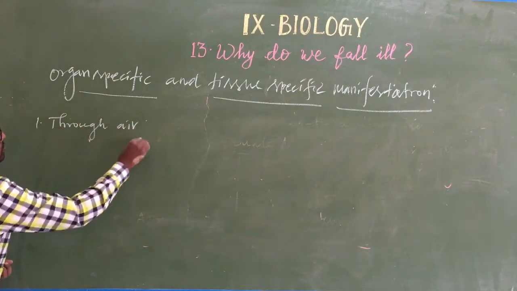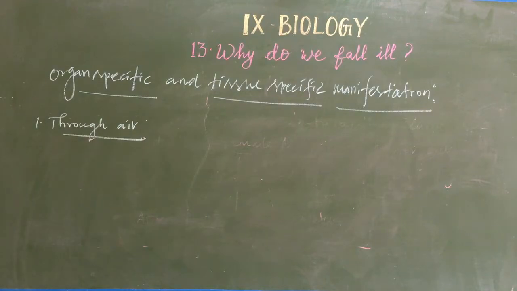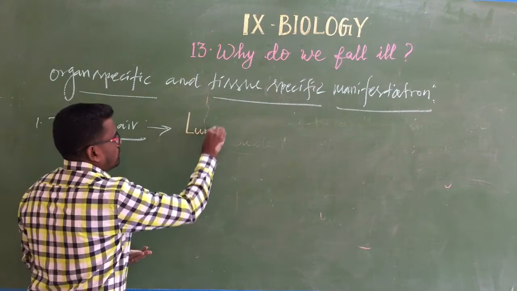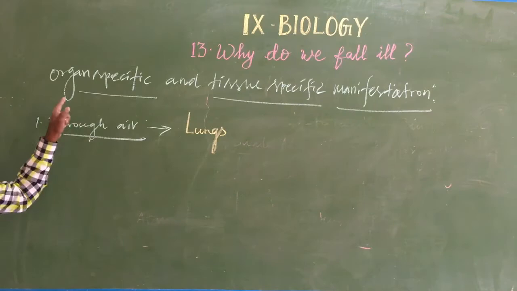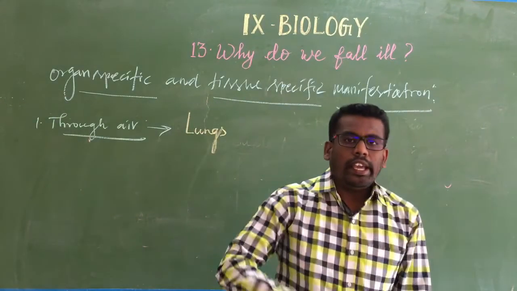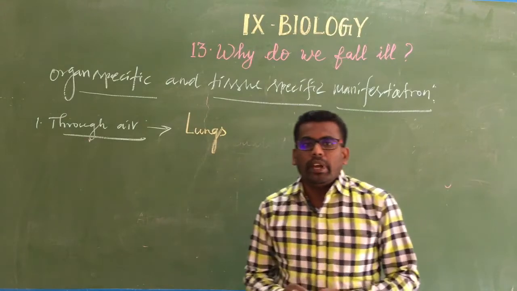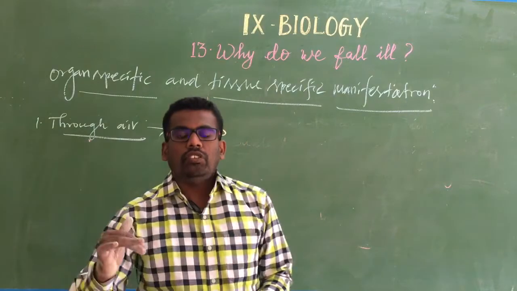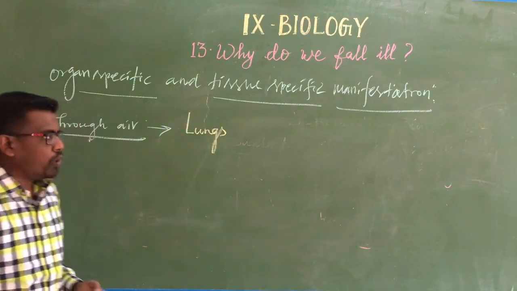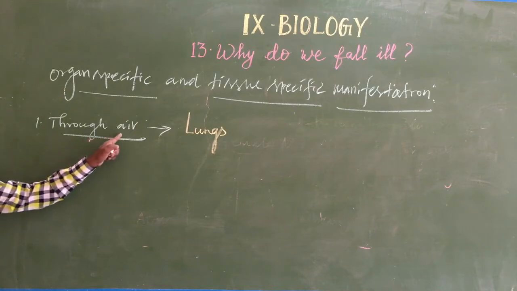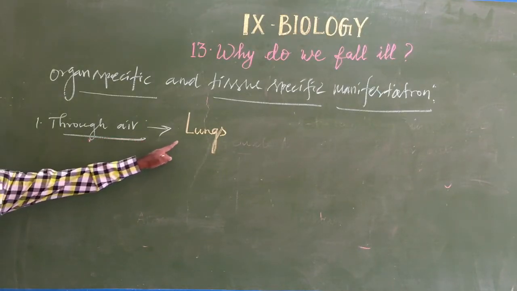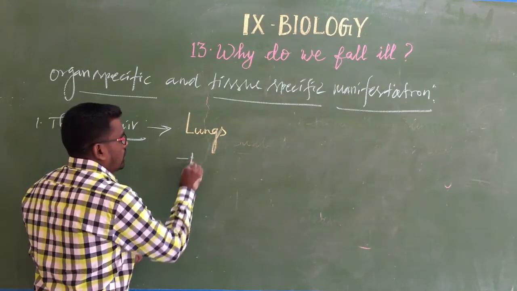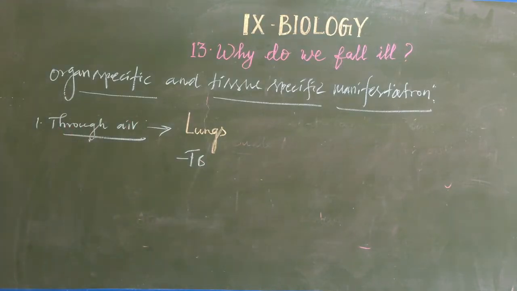If it enters through the air, where does it reach? The lungs. That is decided by the point of entry. So we can identify the person with TB, tuberculosis.